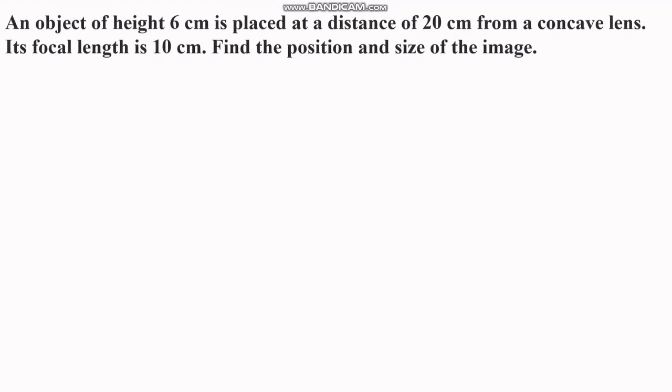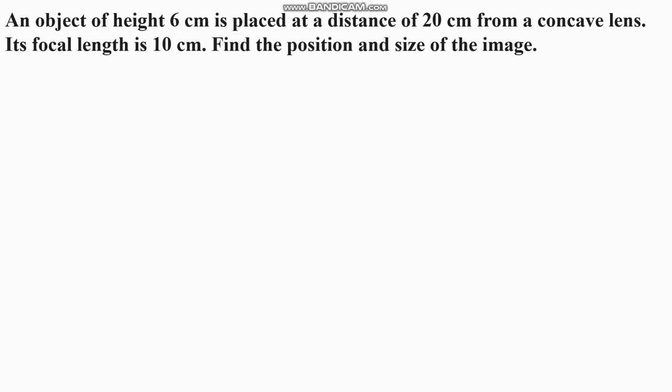Now the next question is, an object of height 6 centimeter is placed at a distance of 20 centimeter from a concave lens. Its focal length is 10 centimeter. Find the position and size of the image. Now over here you are given O, the object, equal to 6 centimeter.